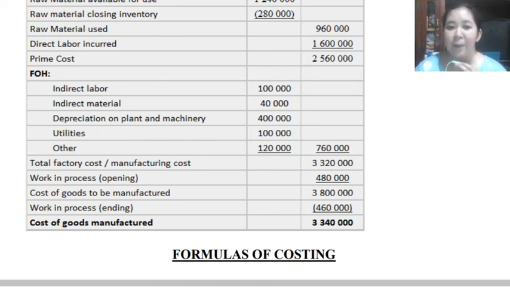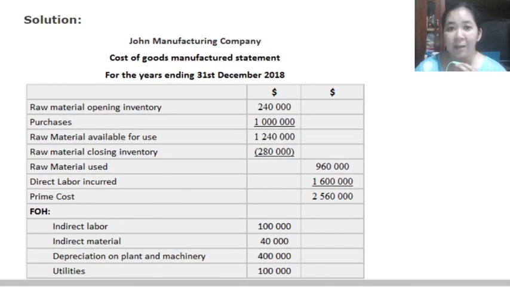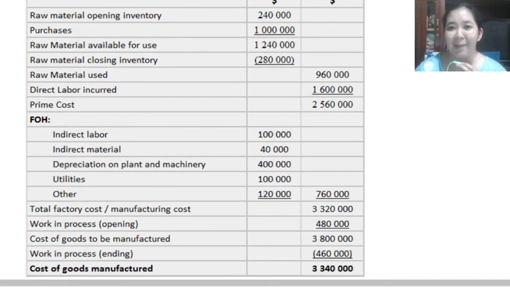If we add the work in process beginning and the manufacturing cost, the sum is what we call the cost of goods to be manufactured. And if we deduct the work in process ending, this is the cost of goods manufactured, which is 3,340,000. So this is how you prepare the cost of goods manufactured statement.